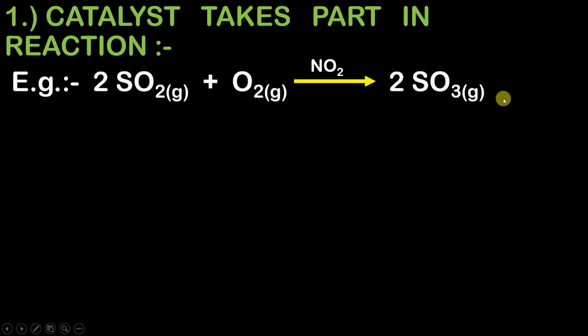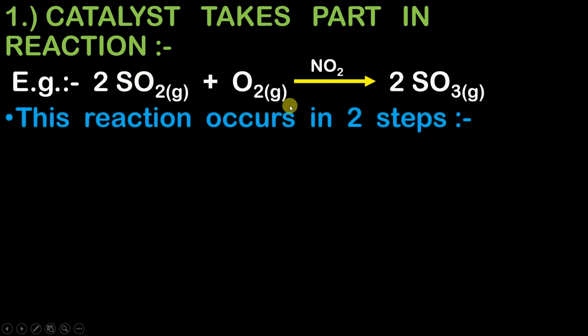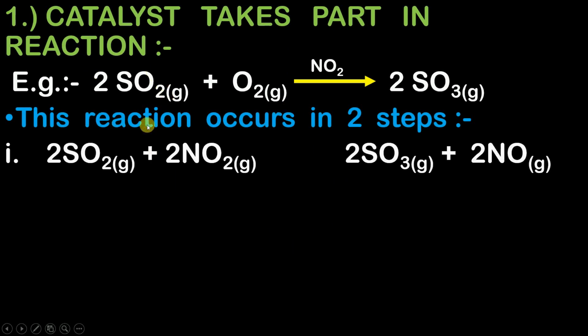Clear with this? Now this reaction might seem a single step reaction for you all, but guys, this reaction occurs in 2 steps. In the first step, what happens is that this 2SO2 reacts with our catalyst, this NO2, which is our catalyst, and it gives us 2SO3 plus 2NO.